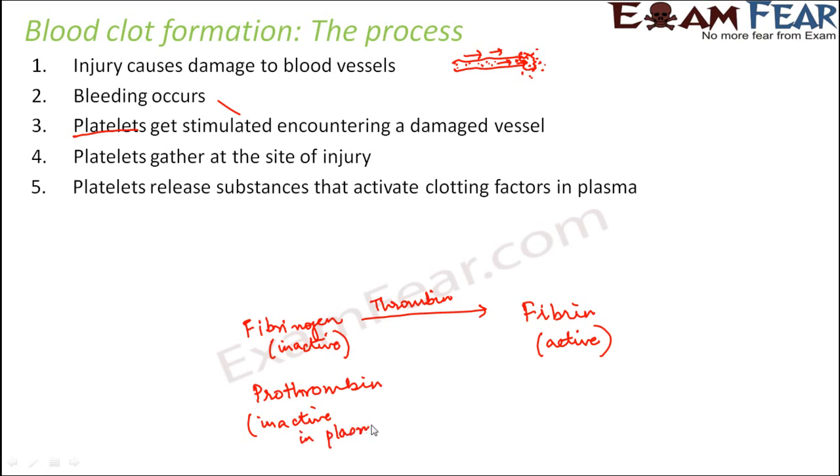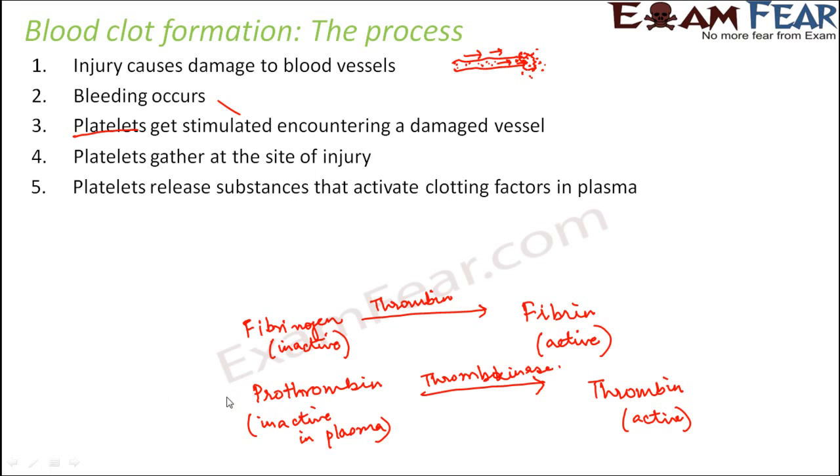So the plasma has a lot of proteins in it, as I mentioned to you before also. So this was another inactive protein in plasma which got converted into an active protein called thrombin, and this happened in presence of an enzyme called thrombokinase. So basically, platelets help to release substances like this, which help in conversion of the inactive proteins in plasma into active forms.